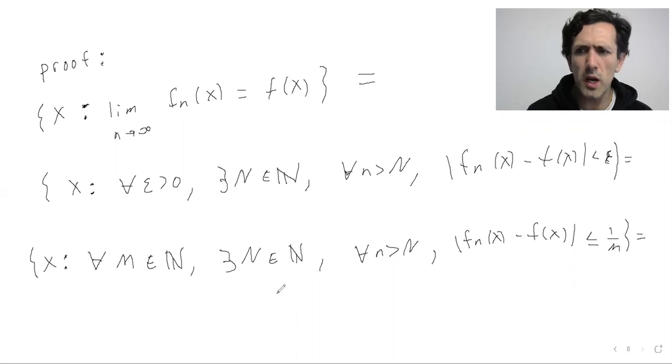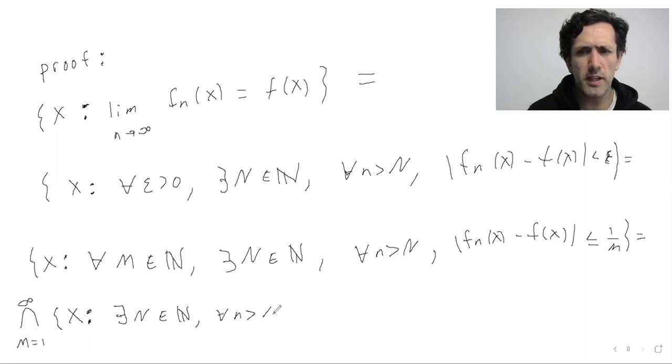Okay, so I can write this for any M. That means this has to be true for all M. And we can write that using basic set theory by an intersection. And again, if this looks a little strange, then I highly suggest you prove this. Well, let me just write this down and I'll tell you what to prove in a second.